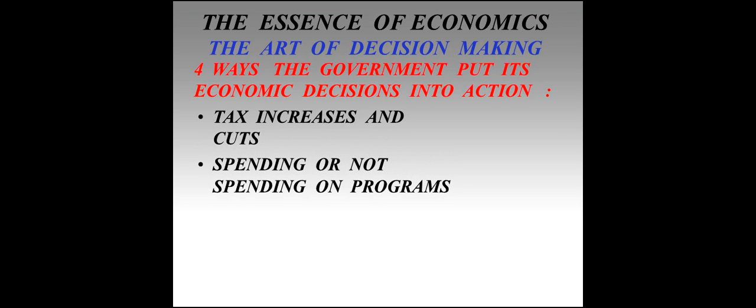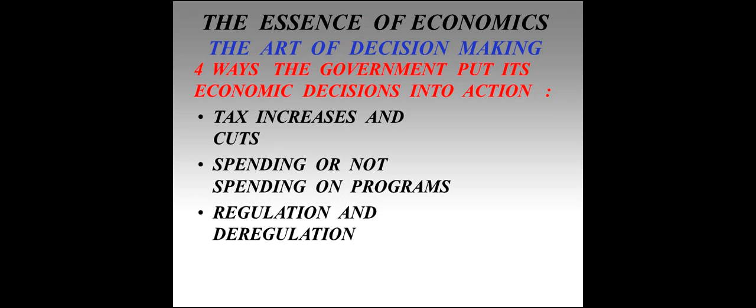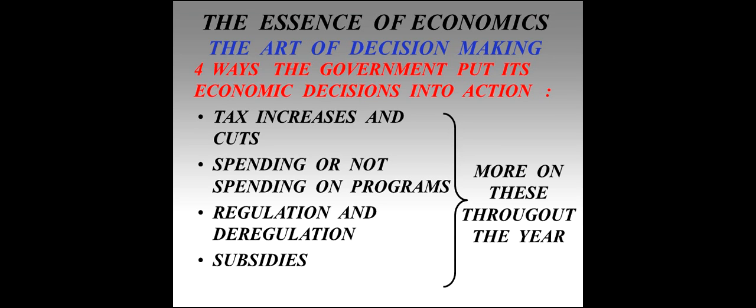Second, through spending or not spending on specific programs. Third, on regulating or deregulating businesses and industries. And fourth, through the provision of subsidies. Now, these are just being touched on here for a moment. We're going to look at various aspects of these economic decisions and what's put into action throughout our entire year.